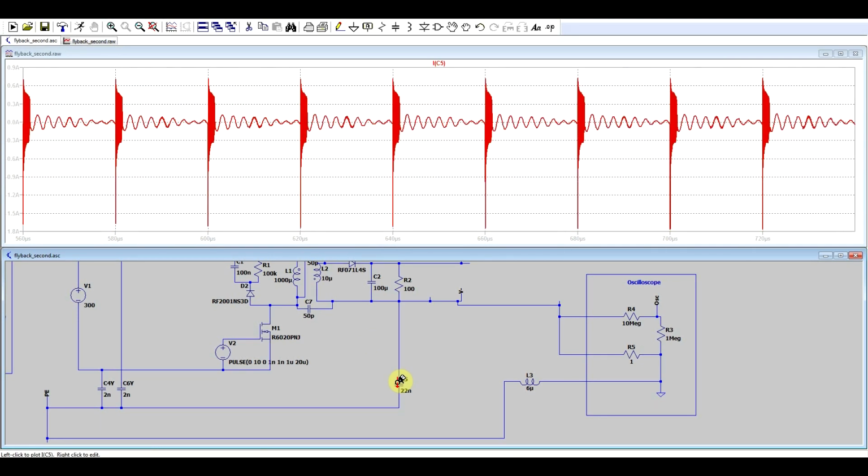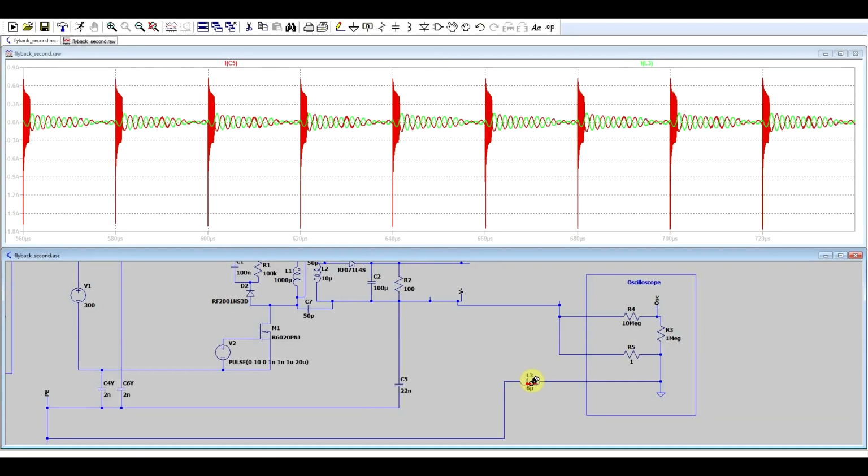So we have quite high spikes of current going through this output capacitor. But not all of the current goes through there. Some of it is coming through the protected earth and causing us problems. So this is basically giving us an indication of what's going on and how we can fix it.